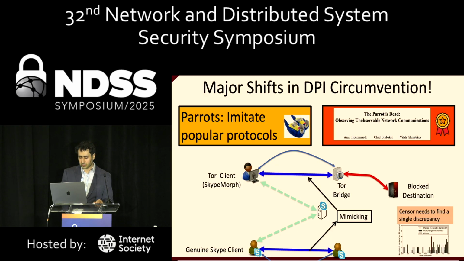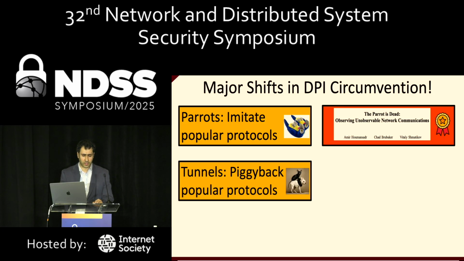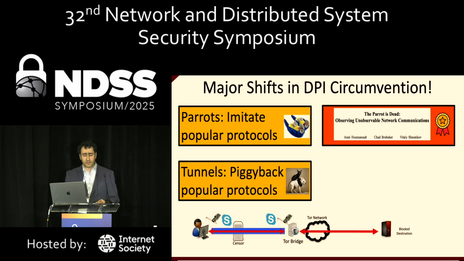So followed by this work, there was another line of work, I want to call them tunnels. Their idea was, yeah, maybe looking like Skype is good, but imitating is not quite strong. So let's try to tunnel traffic through Skype. So it's not imitating and trying to look like Skype.